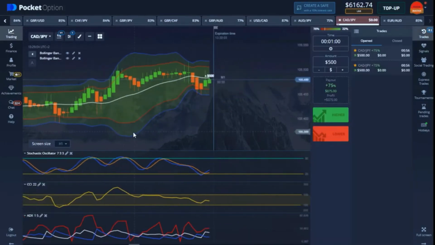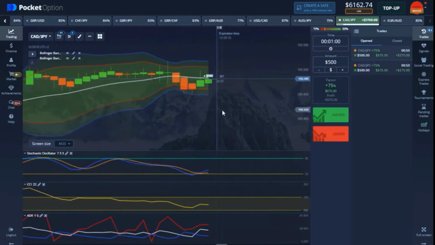So over here, another thing I forgot to mention earlier is to make sure that if you are taking a trade to come down, always have your Heikin Ashi candle above the Bollinger Band middle line, which is the white one. But if you're taking a trade to go up, make sure you have the candle below it, just like what happened here.